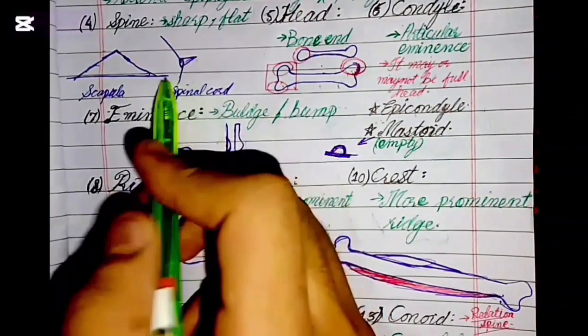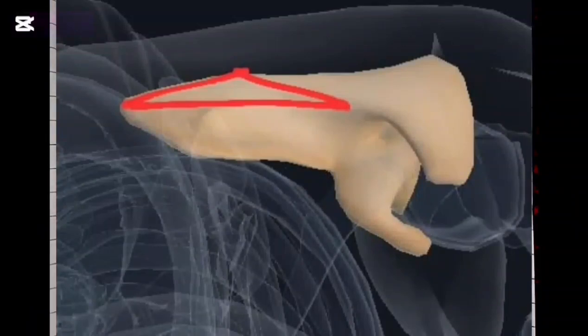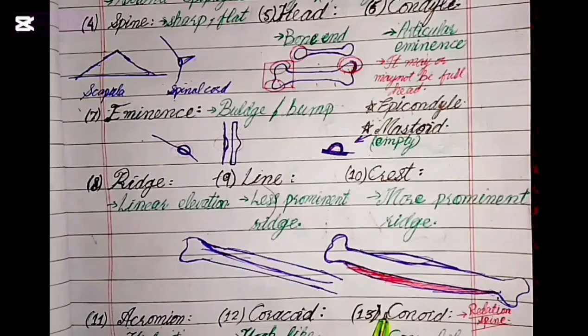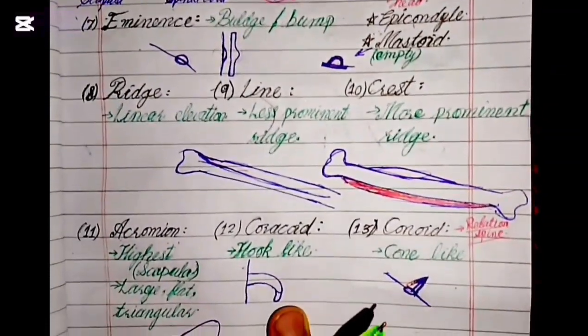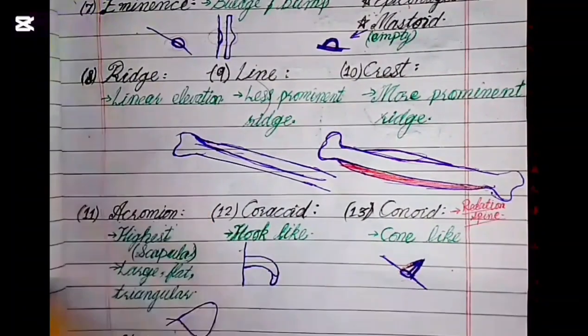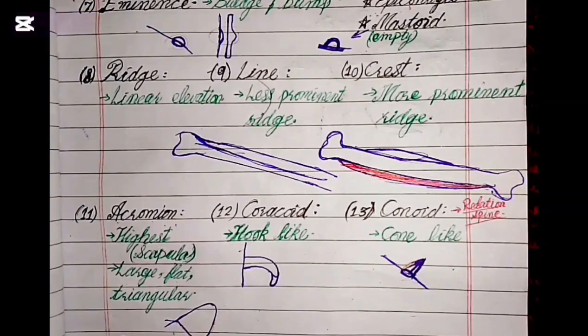In the spinal column it appears like this, and in the scapula it appears like this, the orange one. By comparison of spine and conoid, conoid is cone-like, spine is flat. We can also say that conoid is 3D and spine is 2D.